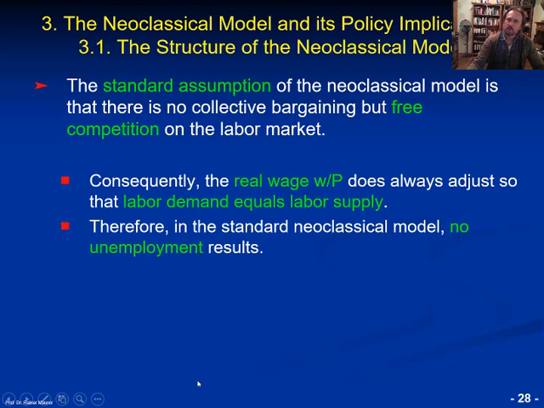The standard assumption of the neoclassical model is, however, there is no collective bargaining but free competition on the labor market. Consequently, the real wage rate does always adjust so that labor demand equals labor supply. Therefore, in the standard neoclassical model, no unemployment results.